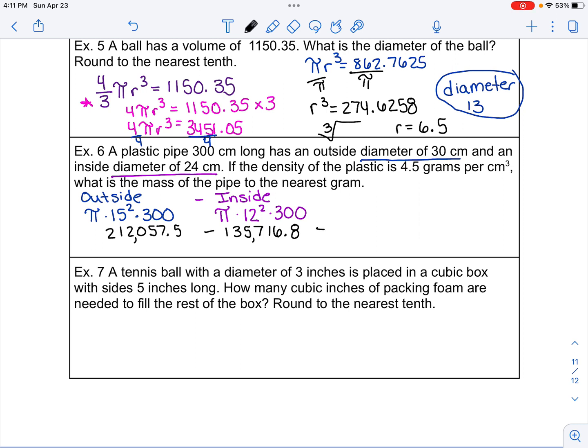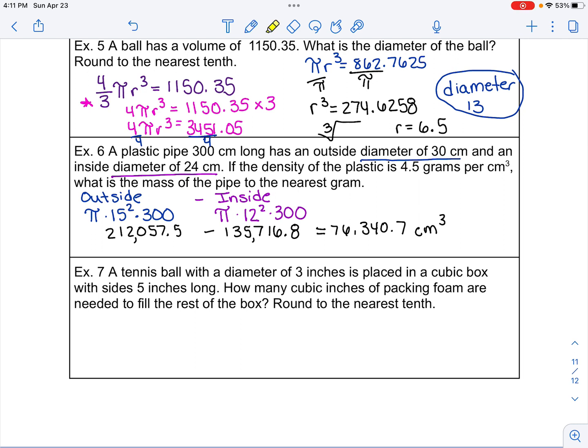Okay, if I subtract those two numbers, it comes out to 76,340.7, and that would be centimeters cubed.